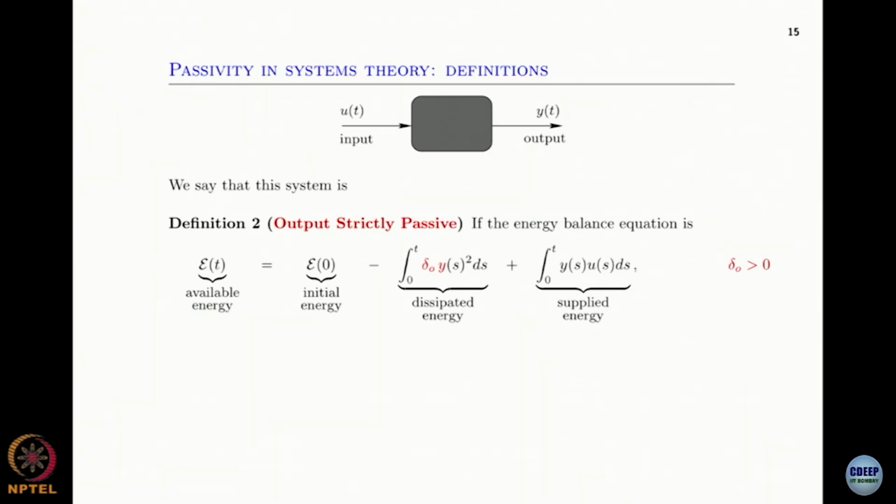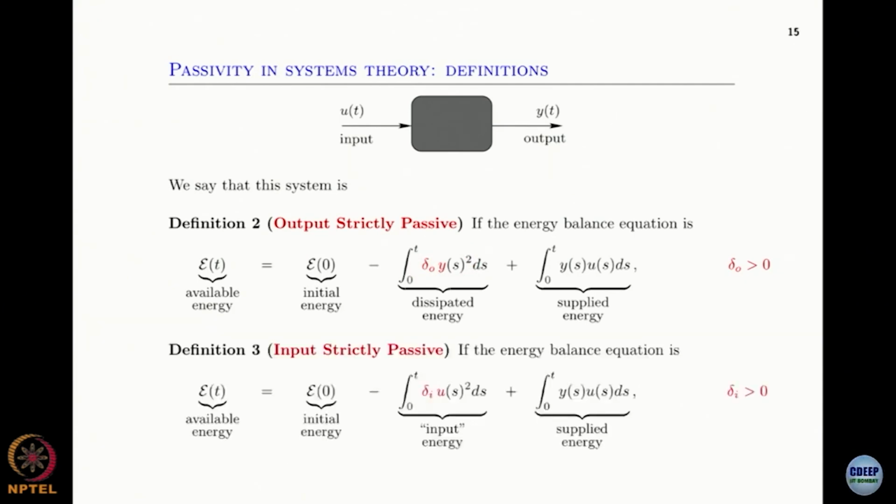So there is this component of dissipated energy with a minus sign. That means that I have some damping, or friction if you want, in my system, right? So we will call it output strictly passive. So notice that we have a coefficient here that is positive, and we have the square of the output in this integral. That's what is essential.